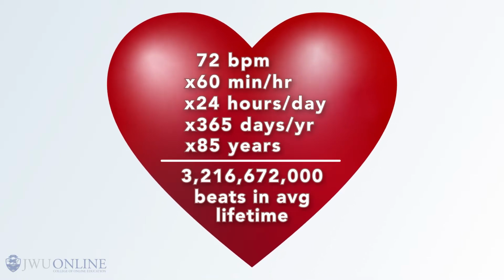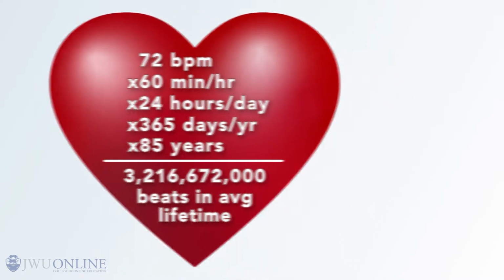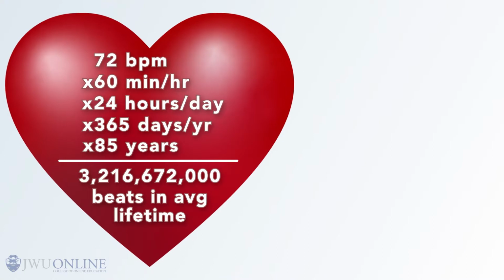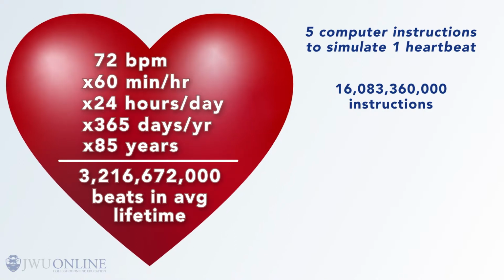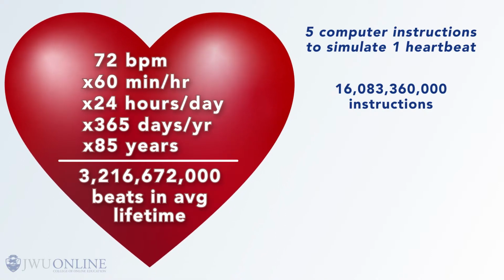Now, let's say we write a program in a simple loop that beats a computer heart that same number of times. Further, let's assume that we do this in, say, 5 instructions. That being true, we would need 16,083,360,000 computer instructions to execute to complete that simulation.